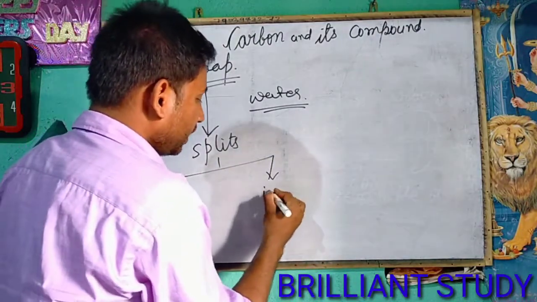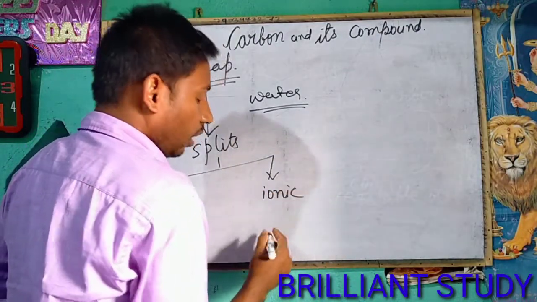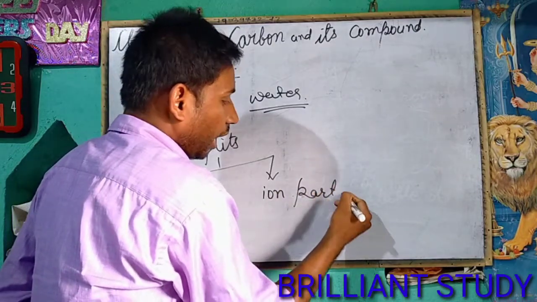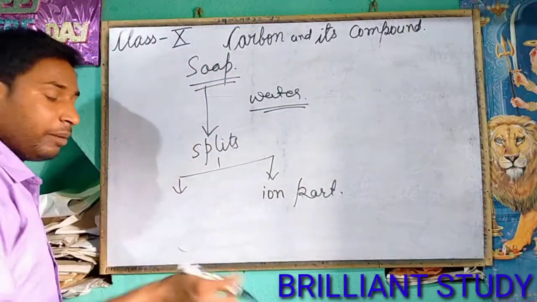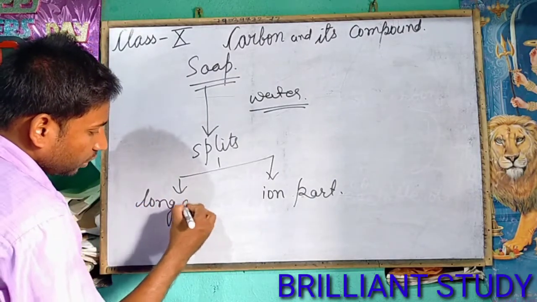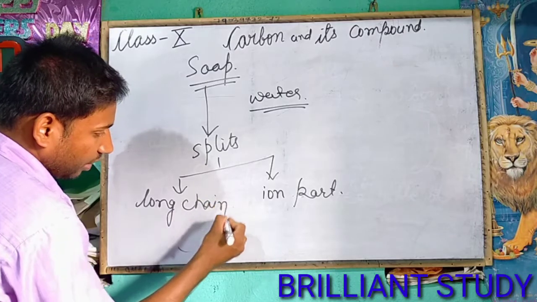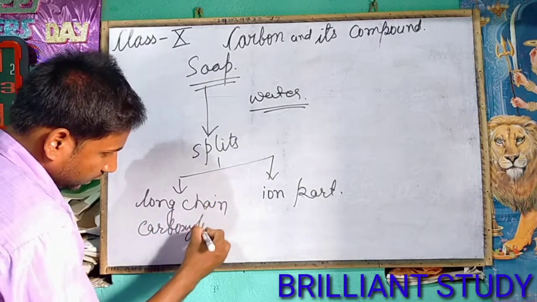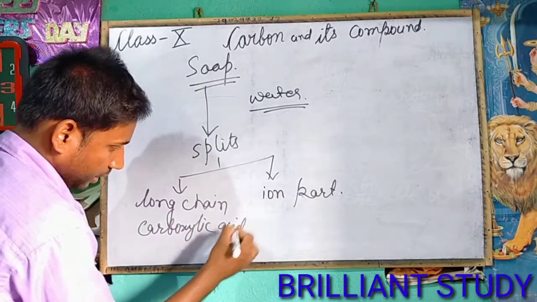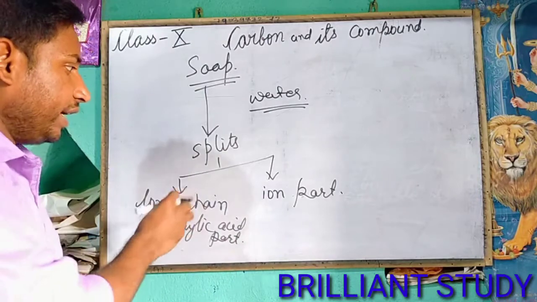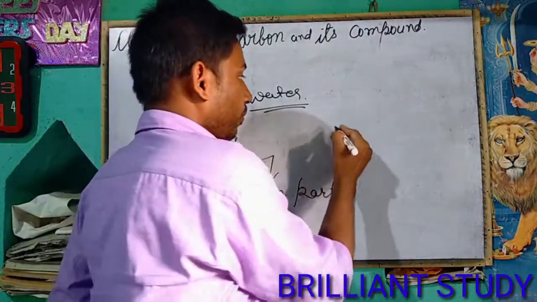The first part is the ionic part or ion part, and the second part is the long chain carboxylic acid part. Understand it with the formula of soap.